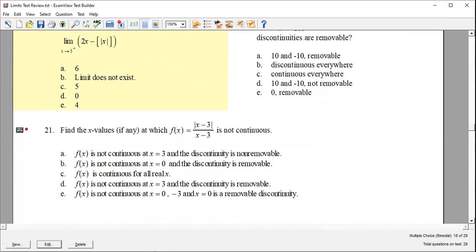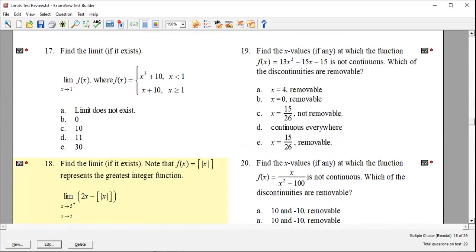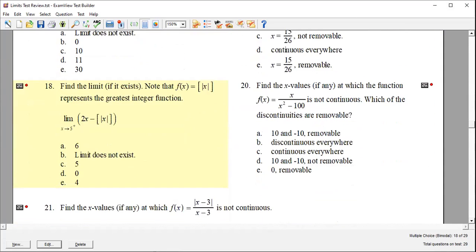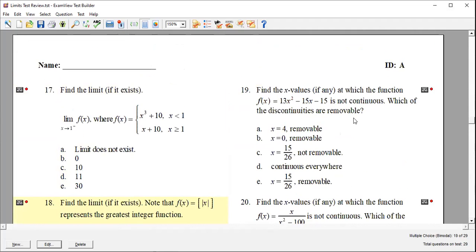Can you go back up to 18 just so I can see it? Yeah, I can see it. All right, 19. Find any values, if any, at which the function is not continuous, which of the discontinuities are removable. How do we have discontinuities?